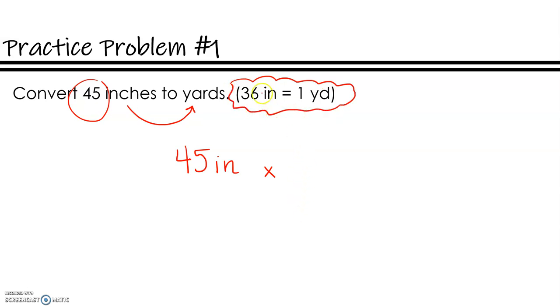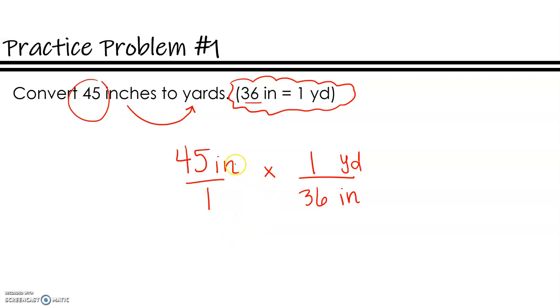Now, I'm going to put inches on the bottom, and I'll explain why in a second, yards on top. And that's not always going to be the case, but I'm going to match. So 36 goes with inches, 36 goes on the bottom, 1 goes with yards, so 1's going to go on top. And now I have a multiplying fractions problem. So I'm going to put this over 1.